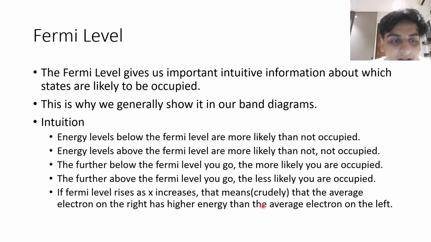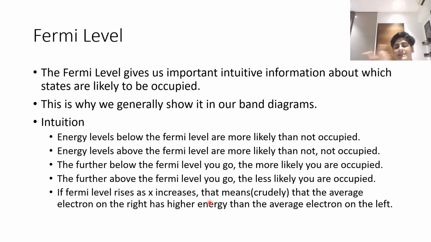Now, one last intuitive point that I want to give you. If the Fermi level rises as your x coordinate increases, for example, if you're moving in x and you made a band diagram and your Fermi level rises as x increases, crudely what that means is that the average electron on the right has higher energy than the average electron on the left, and that tends to mean that your left side is more stable than your right side, and you can probably have some electrons jumping from the right to the left.